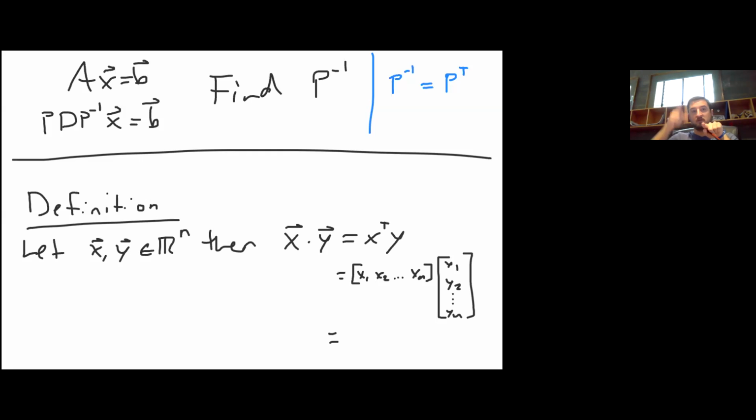It's just a single row and a single column, so following the matrix multiplication we set up, I'm just multiplying each pair together and then adding them all up. So this is the dot product. This is how it is defined for a Euclidean space.